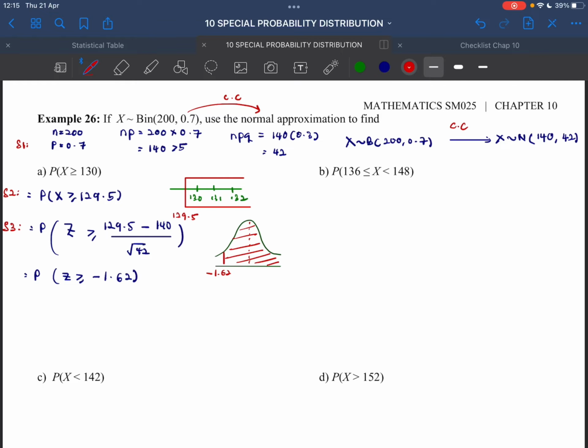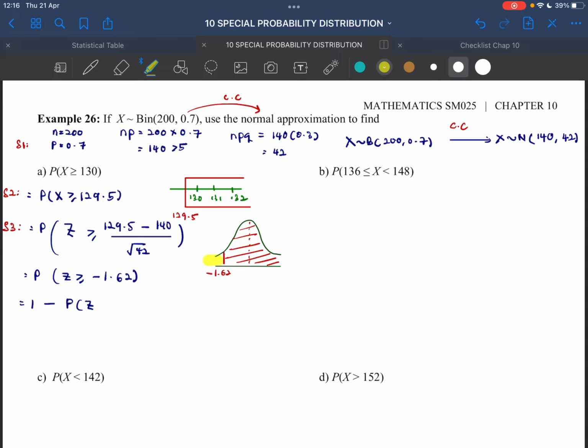Since we want the greater area, we have to take the whole probability, which is 1. So this equals 1 minus P(Z), minus this part here, to get the shaded region.